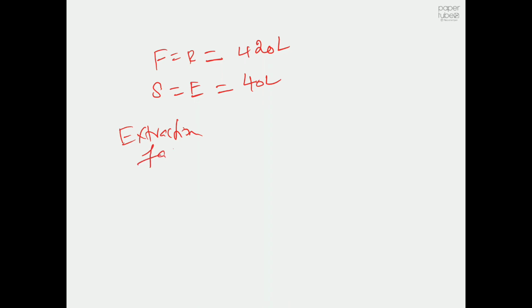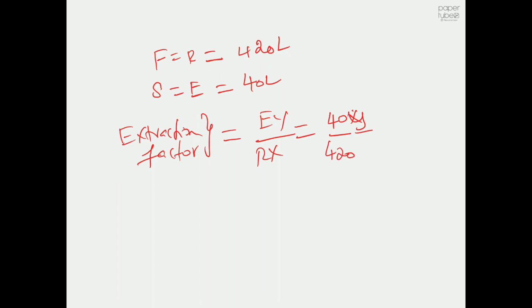So extraction factor. This is like a 2 mark or 1 mark problem. Extraction factor is EY by Rx, which should be equal to 40 divided by 420, multiplied by Y by X. We know Y by X is our equilibrium constant, or partition coefficient, or distribution coefficient, which is 57.